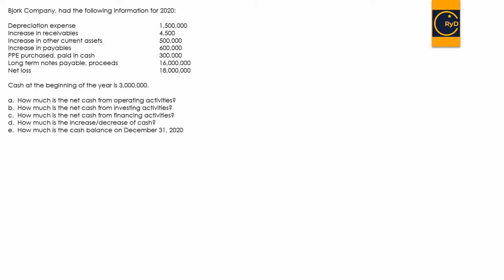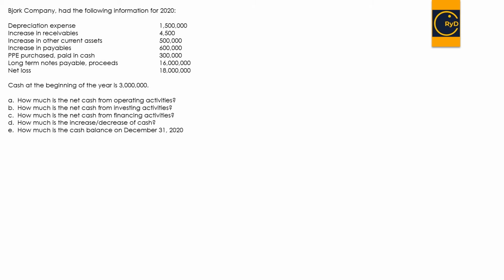Okay, for our next problem, if you can see, we have a net loss here, and then there is a mention of increases. It's different from our earlier example wherein there was a mention of the cash inflow and cash outflow.